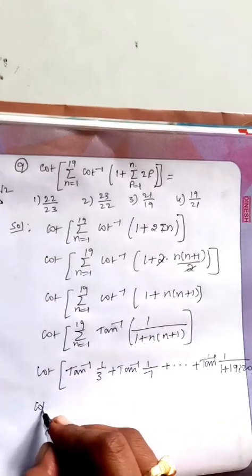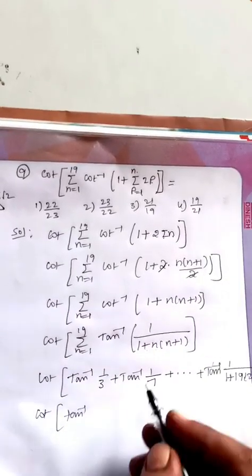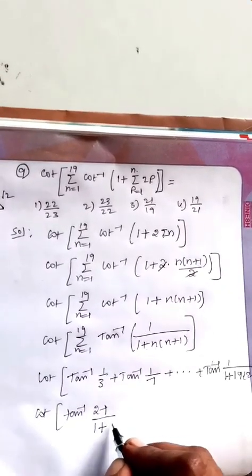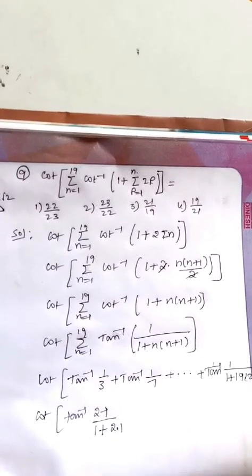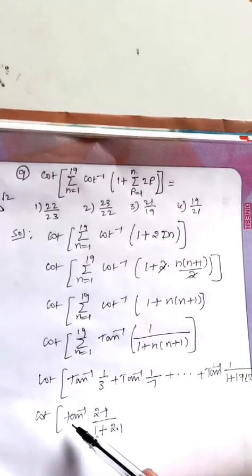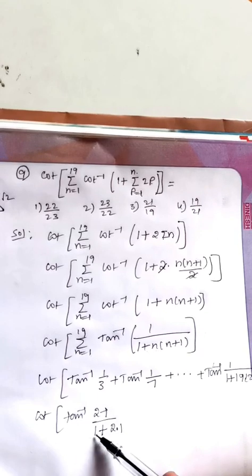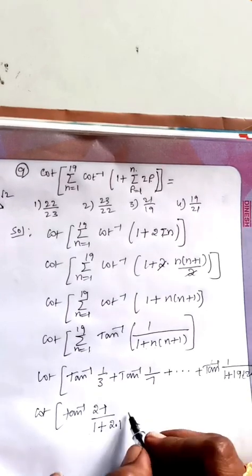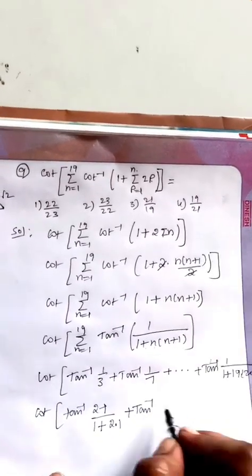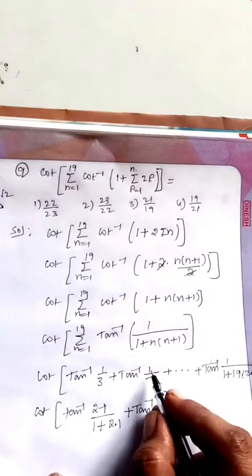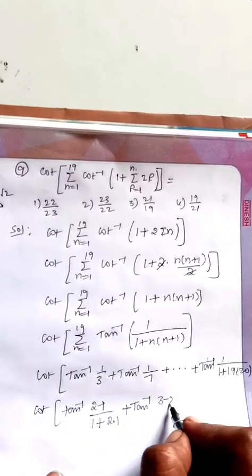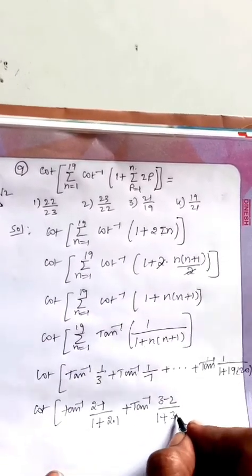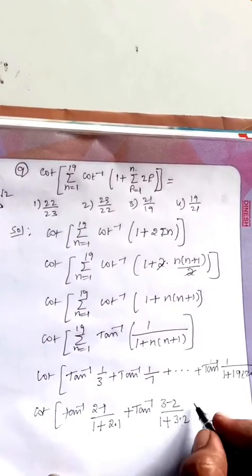Tan inverse 1 by 3 can be written as 2 minus 1, and the denominator also changes to 1 plus 2 into 1. So it will be tan inverse of (x minus y) by (1 plus x into y), the tan inverse x minus tan inverse y formula. Okay, in the same way here also we need the changes. So 7, this one can be written as 3 minus 2, and the denominator 7 can be written as 1 plus 3 into 2, 6 plus 1 is 7.